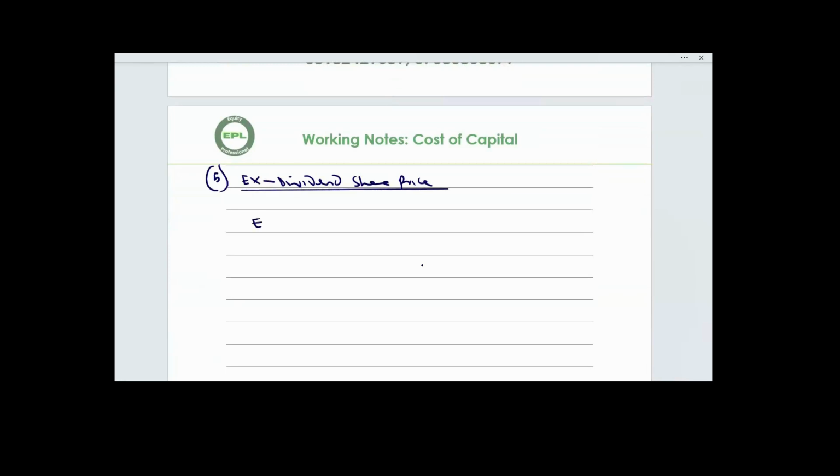So XDIV share price equal to, you already know, is cum div minus preference dividend.